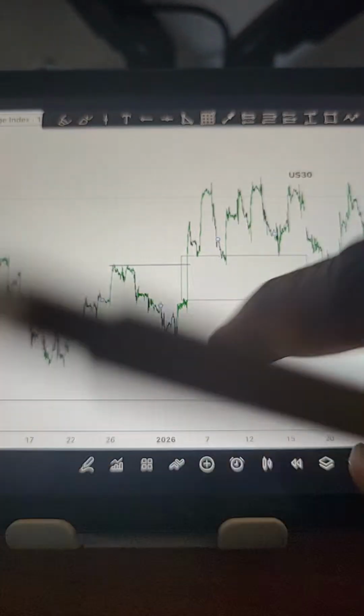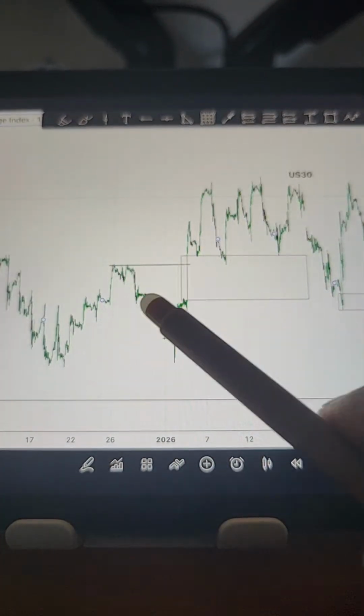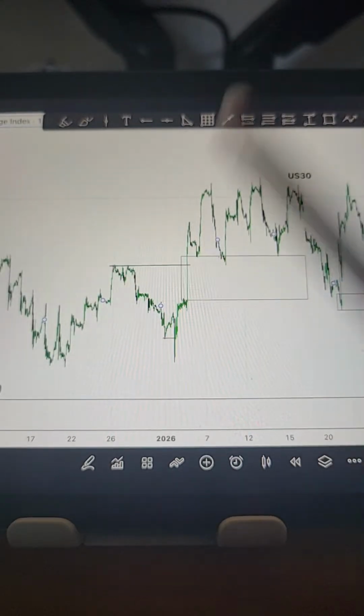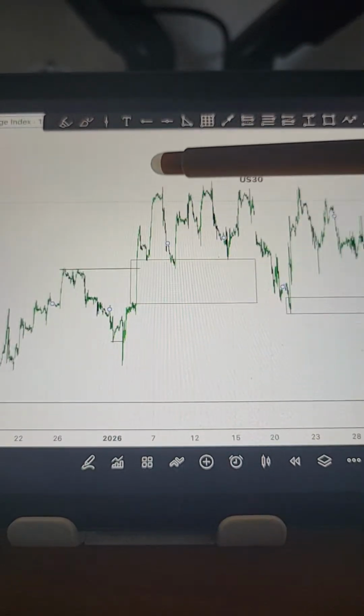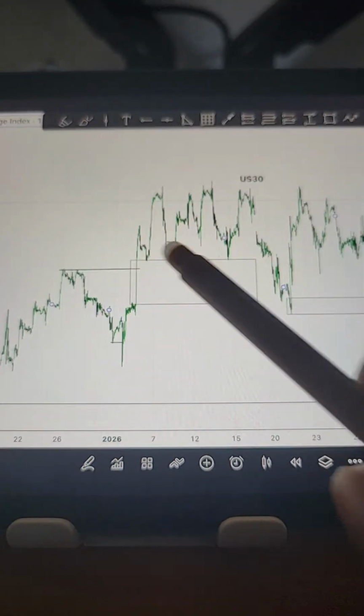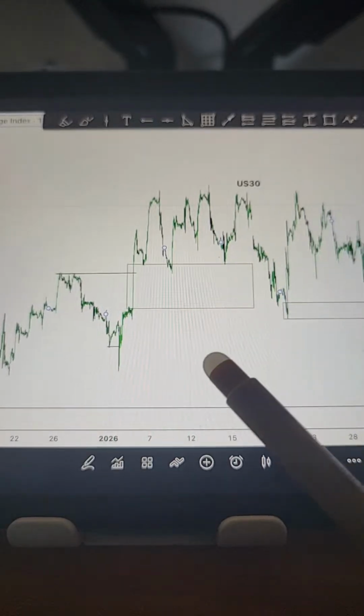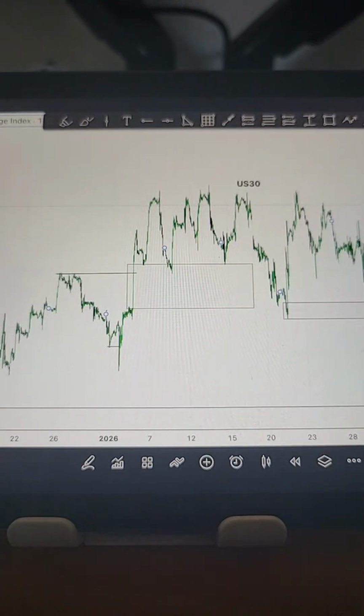So this becomes a break of structure. This is a break of structure here, guys. So now we have an indication that price has broken structure to the upside. So we are currently bullish. When I say bullish, it means price is going up.